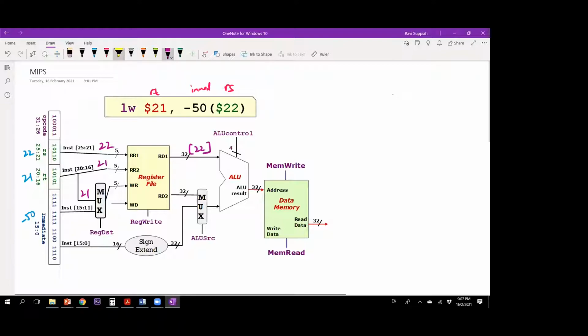So what are we trying to do over here? We are trying to take the data in register 22 at offset -50, correct? And this points to a memory location. What I need to do is take these 2 sources of data and perform the add operation.